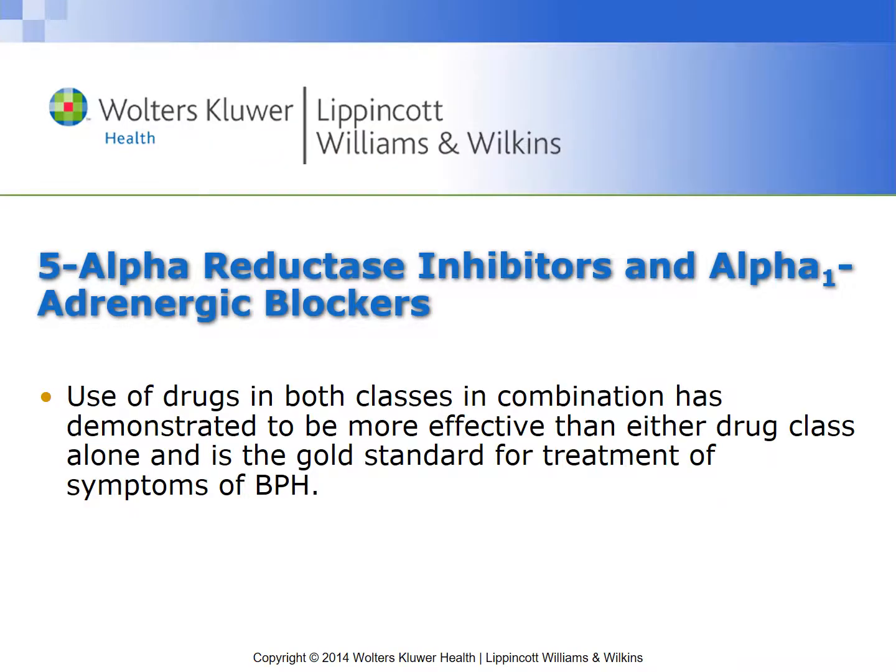Okay, our 5-alpha reductase inhibitors and alpha-1 adrenergics. So both of these drug classes in combination have helped treat BPH, or benign prostatic hypertrophy, and it's the gold standard of treatment.